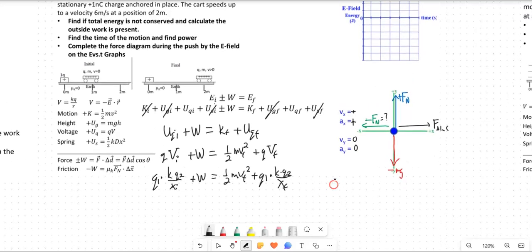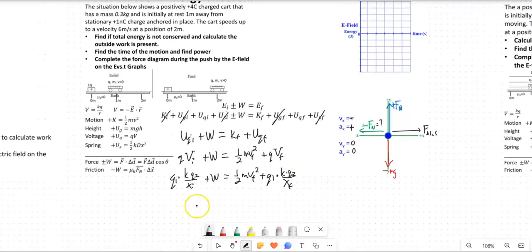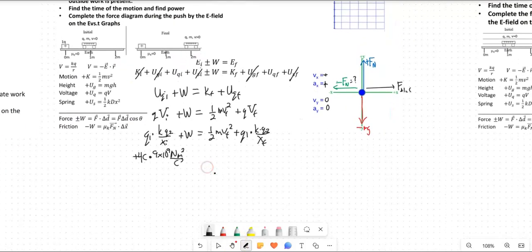Now we're going to start tossing in numbers here. Okay, Q1 is positive 4 coulombs. K is 9 times 10 to the 9th newton meter squared per coulomb squared. Times our positive 1 times 10 to the negative 9th charge, all over the distance 1 meter.